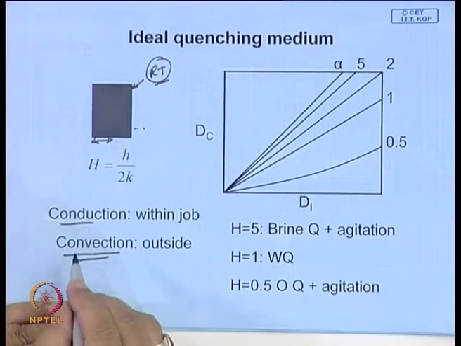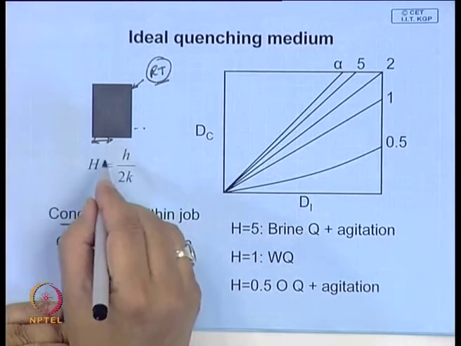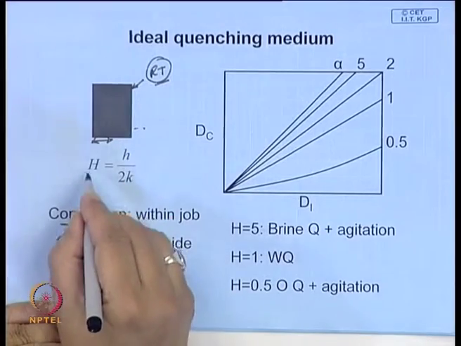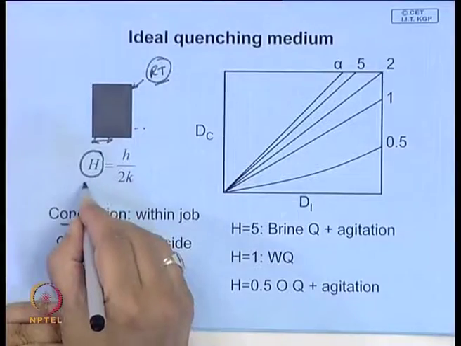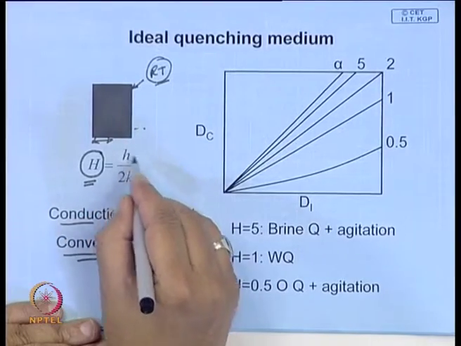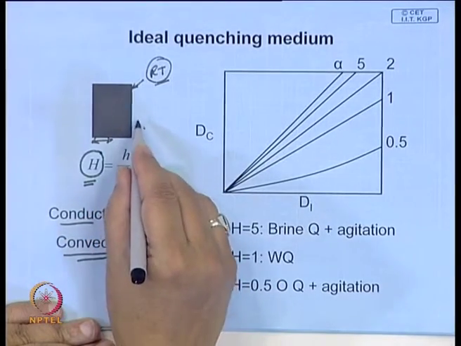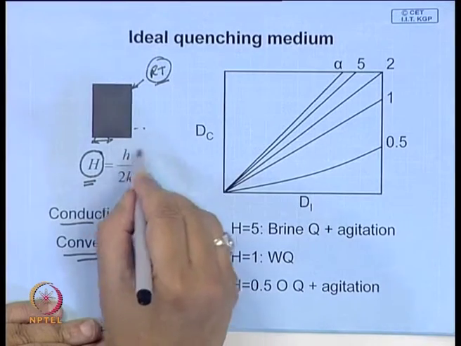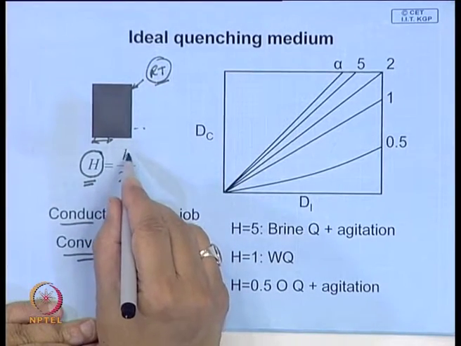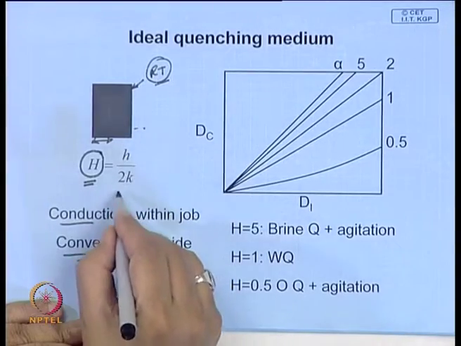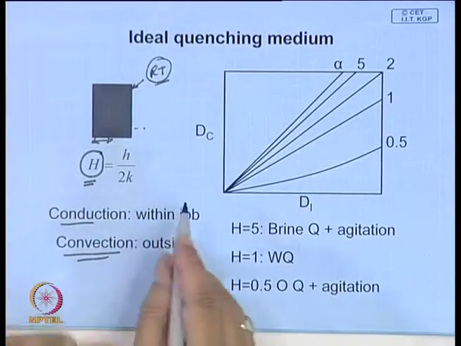So, we can think of a quenching severity parameter defined as H, which we take as a ratio of the convective heat transfer coefficient H and the conductivity K of the job. So, H by twice K is defined as the quenching severity.